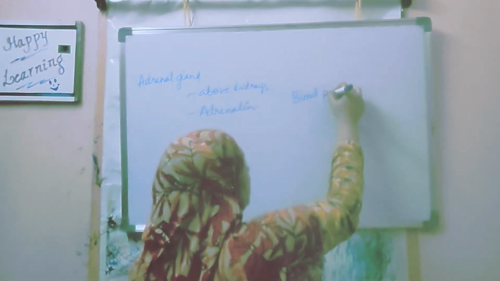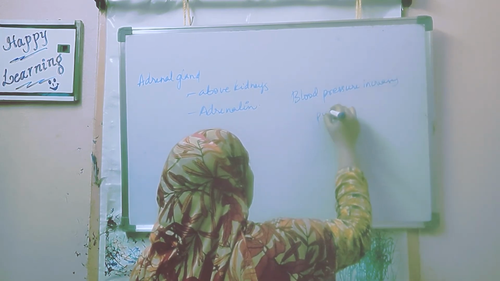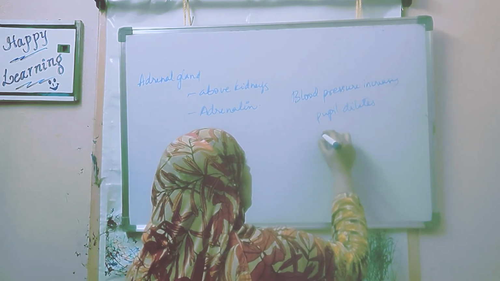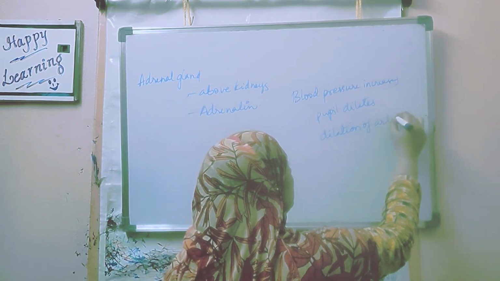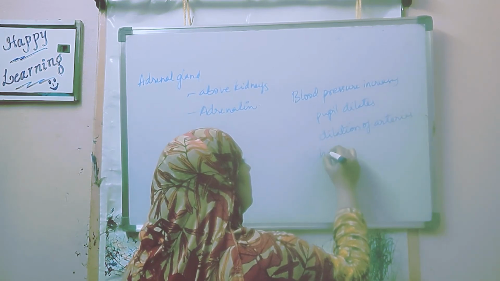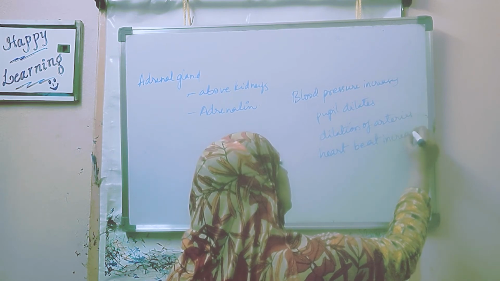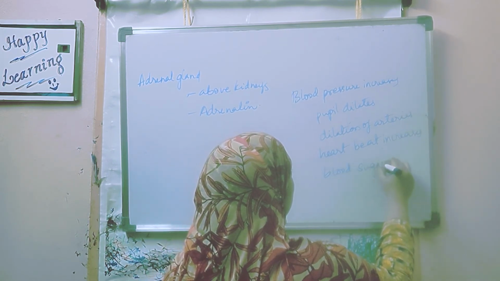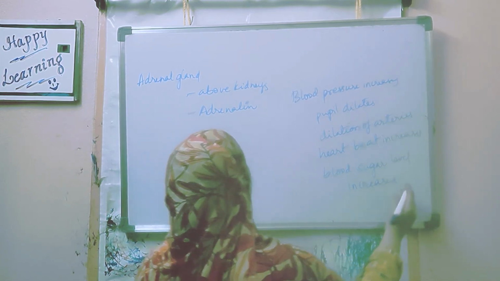Because of this, blood pressure increases, pupil dilates, arteries dilate, heartbeat increases, and blood sugar level increases. So these are all the effects of adrenaline hormone.